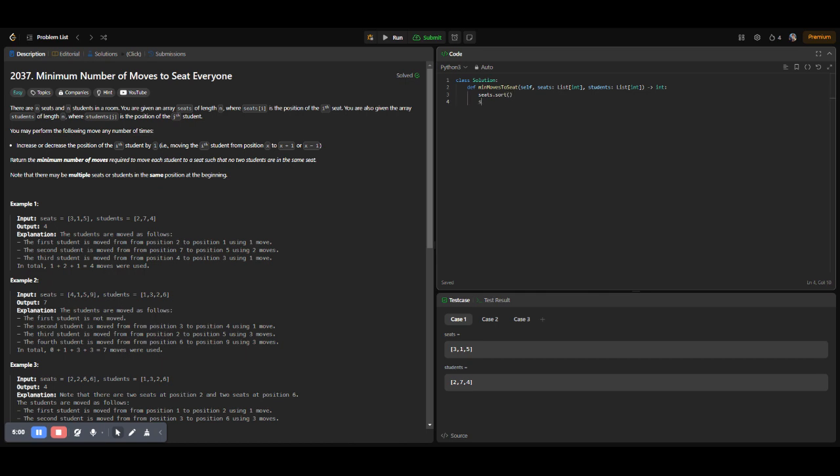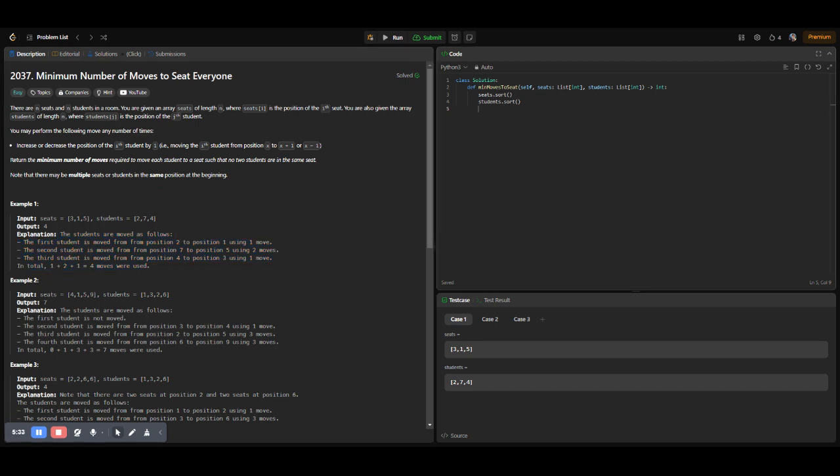Also, I'm going to sort the students array. Forget this explanation; I'm going to solve by sorting. Here, they didn't sort.